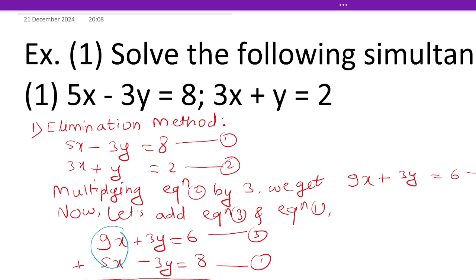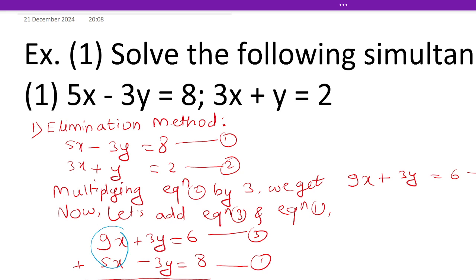So now when we solve this, x equals to 14 over the coefficient of x, which is 14. When we switch the side, the coefficient goes to the denominator. So 14 divided by 14 comes out to be 1. Therefore x equals to 1.